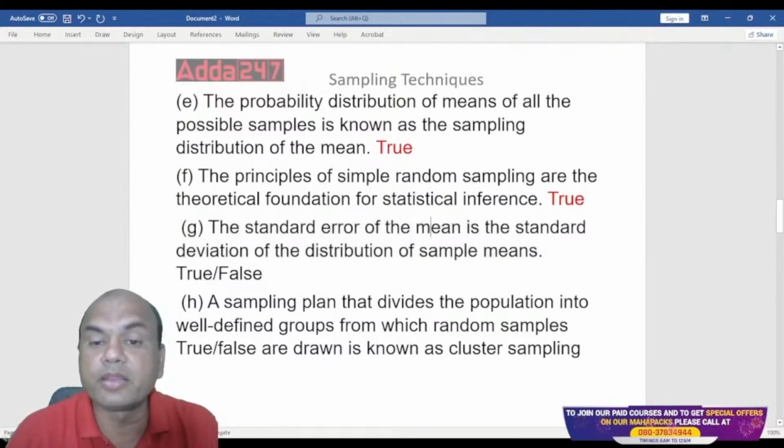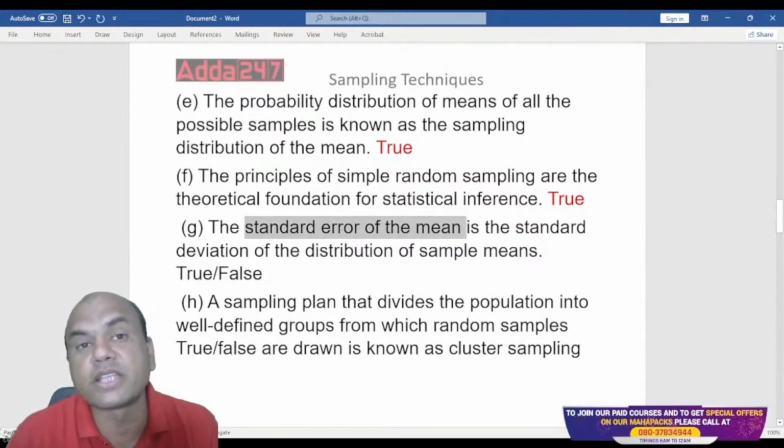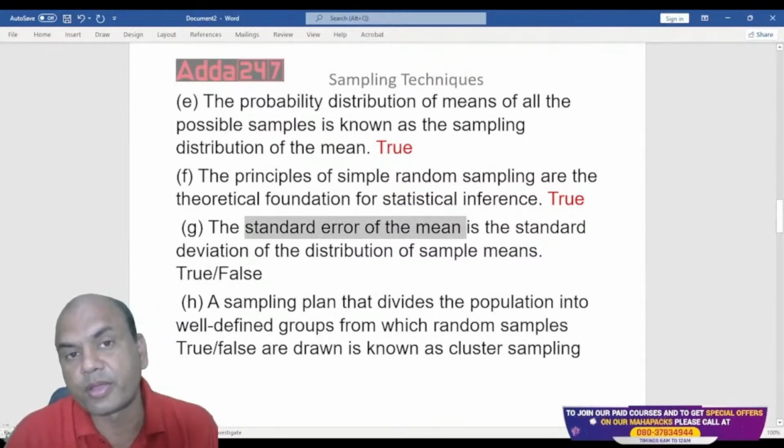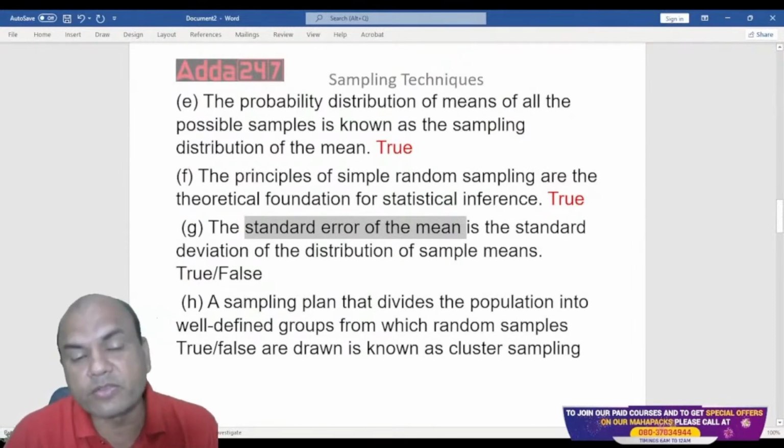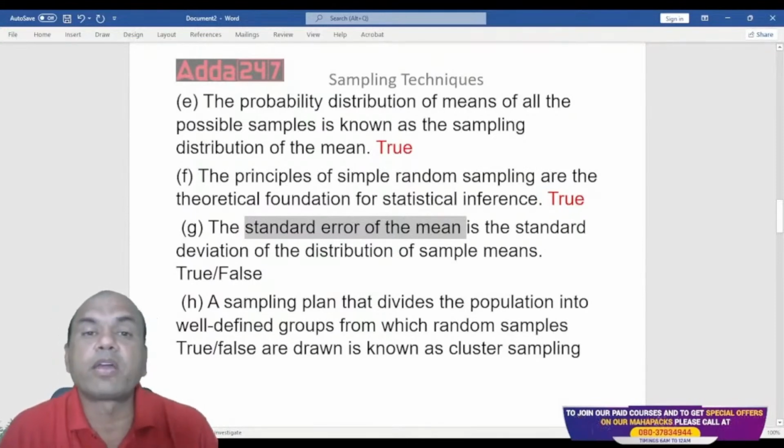Standard error relates to samples. Remember one simple logic: for a population, we always use the word standard deviation, and for samples, we always use the word standard error. So the standard error of the mean is the standard deviation of the distribution of the sample means.